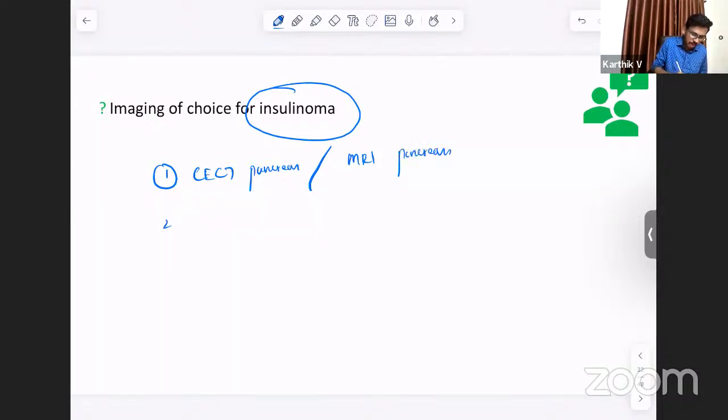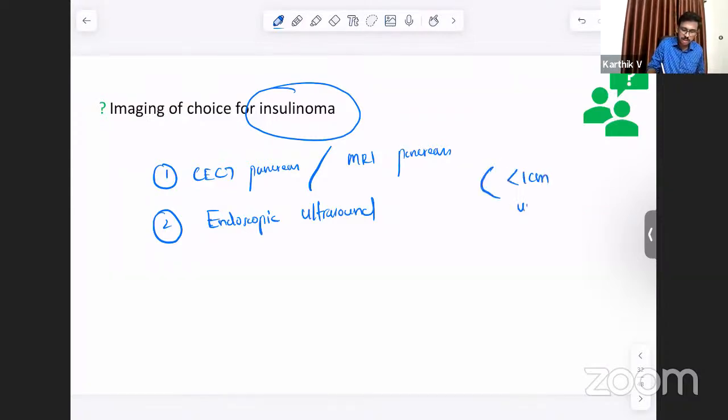If you are having any doubt or difficulty in localization, one very specific investigation would be endoscopic ultrasound. Especially if the tumor is located in the head and the body, EUS has a very high sensitivity for picking up insulinoma, because insulinoma is more often a less than 1 centimeter unifocal lesion. So sometimes morphological imaging like CT or MRI pancreas may miss the lesion.